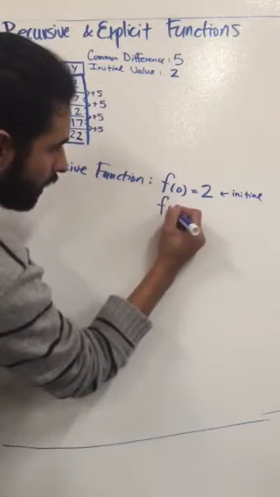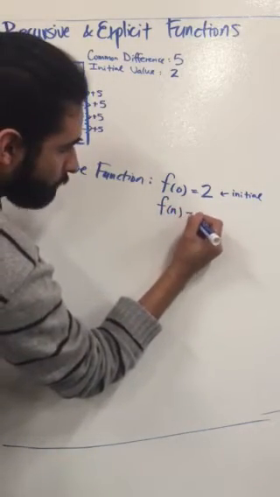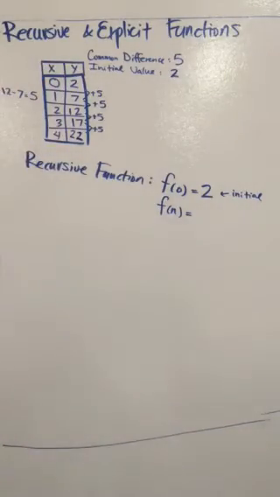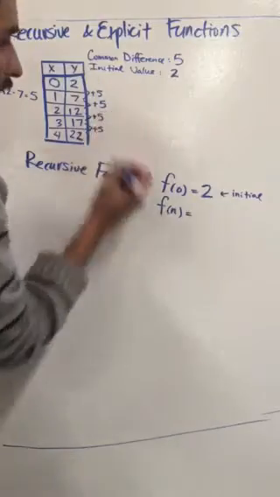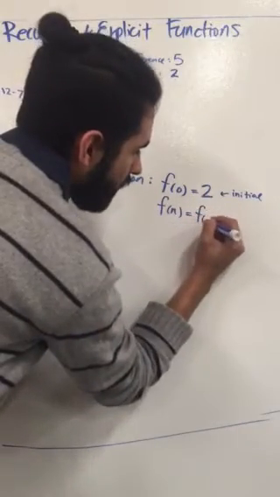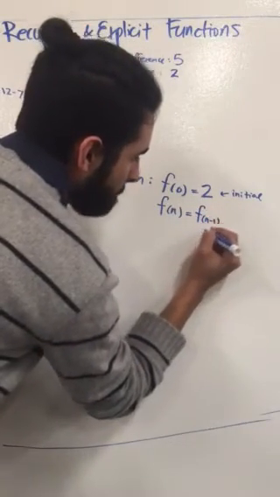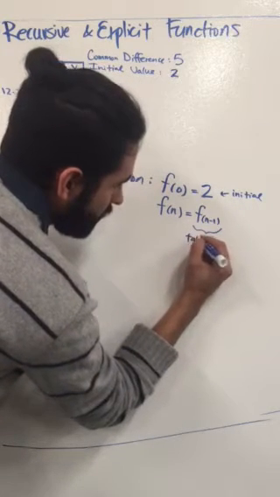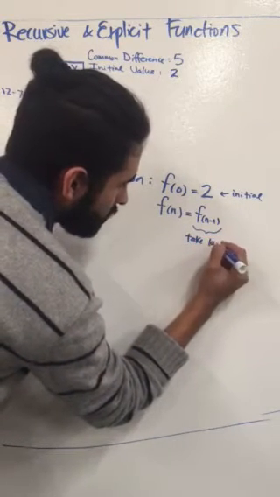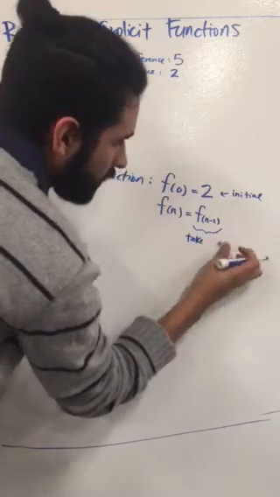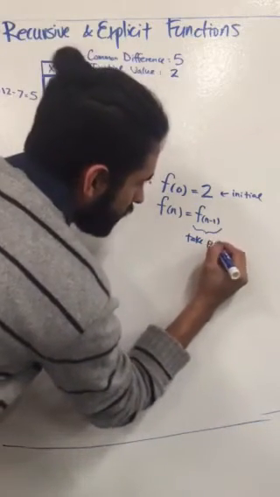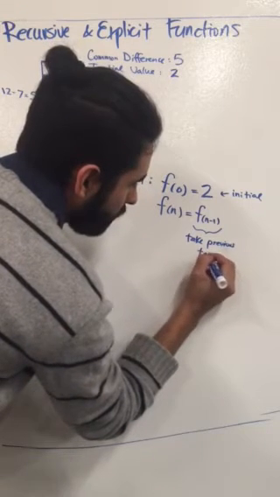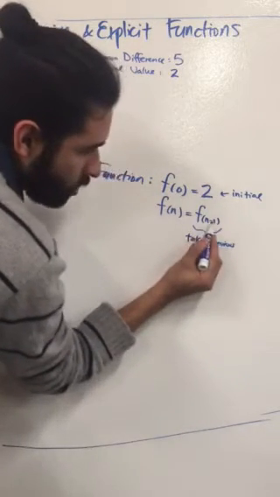Now, we're going to write our function, f of n, for any number. I know that this notation means, and I'm going to put a little bracket to show what it means, take the previous term, the term before.